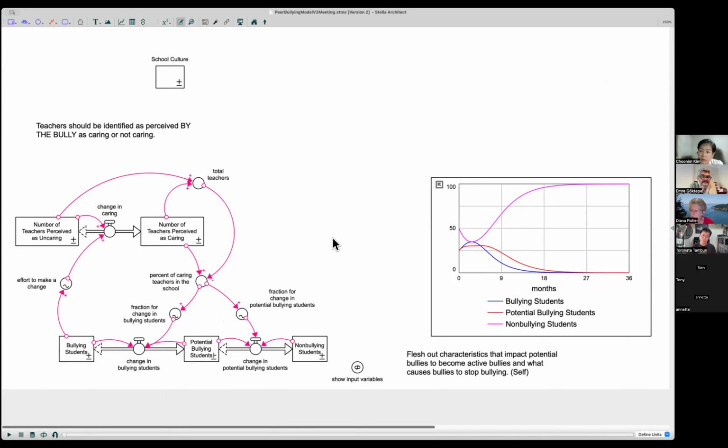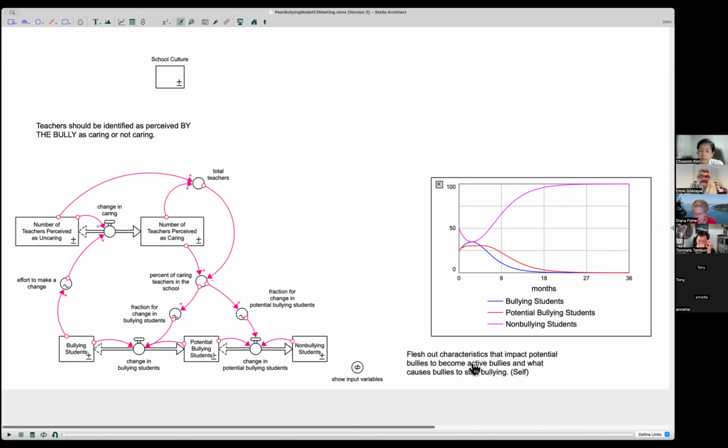Some of the people in the morning group said, but you have to bring in school culture because that is what is affecting the teachers to move from this box to that box. And we said, yes, we know that, but we wanted to start very simply, which is why we kept it to only 2 ideas, teachers and bullying students.